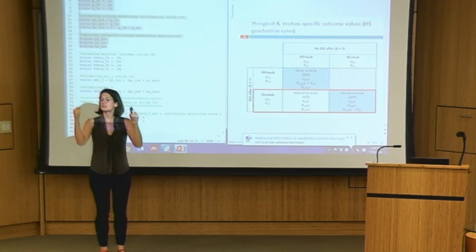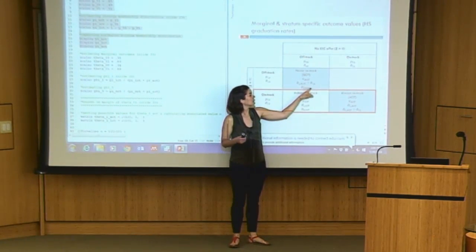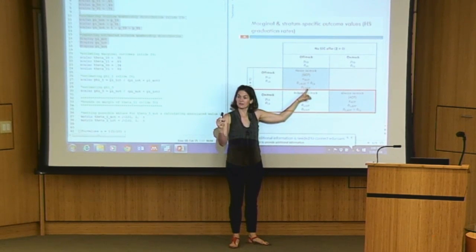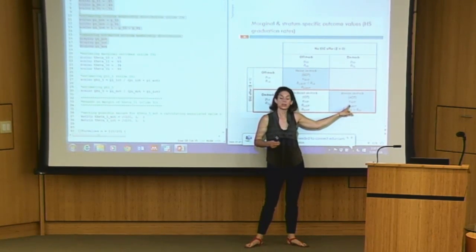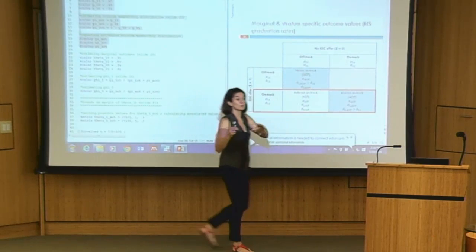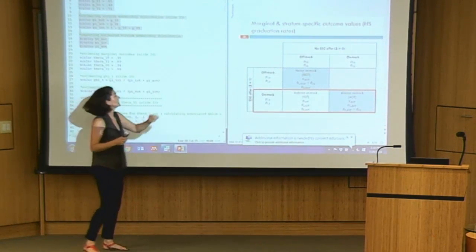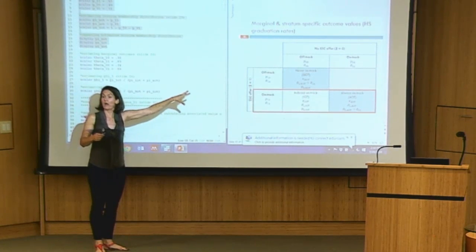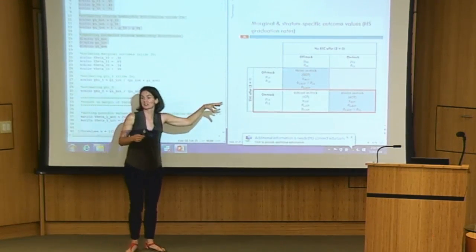If we assume that exclusion restriction here, it allows us to inform the value of this specifically. And if we assume the exclusion restriction down here, it allows us to inform the value of this specifically. We're not going to apply an exclusion restriction here, but I want you to see how it would be operationalized. And that's how we would operationalize it here.